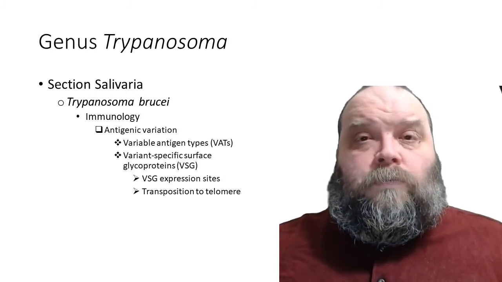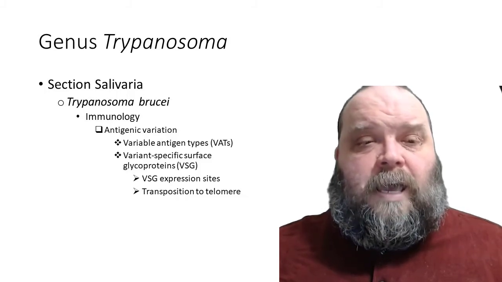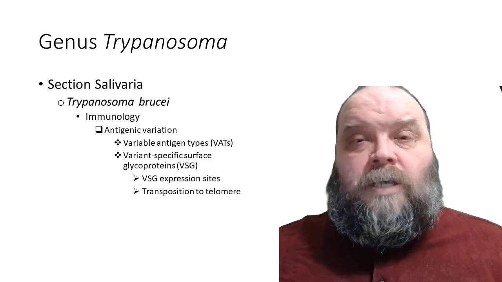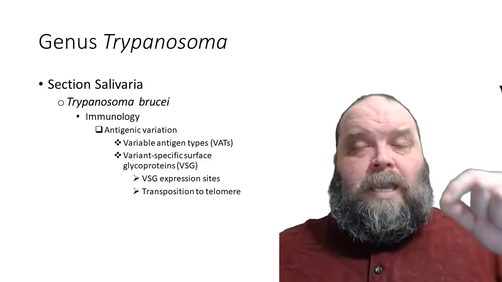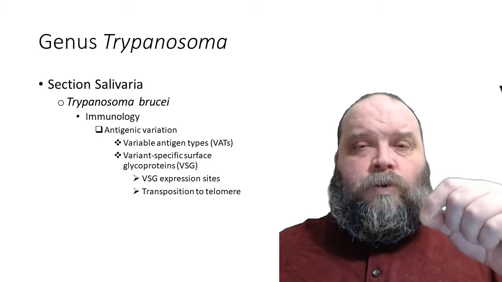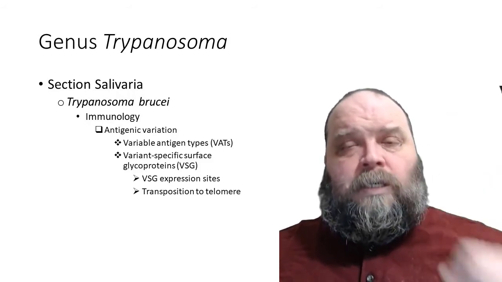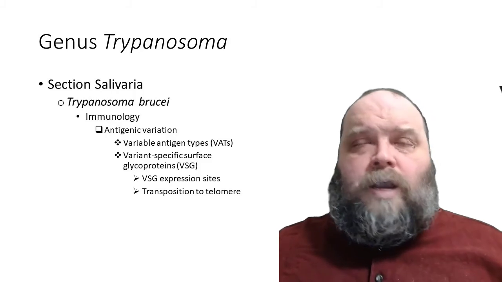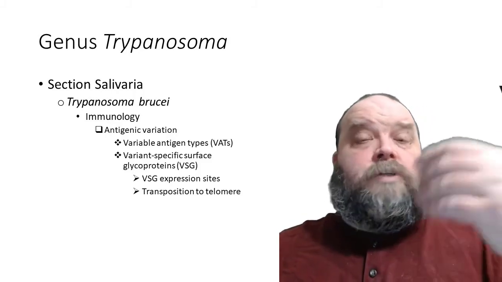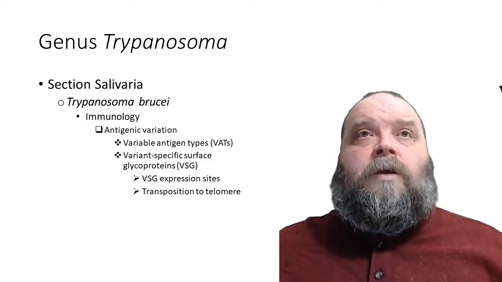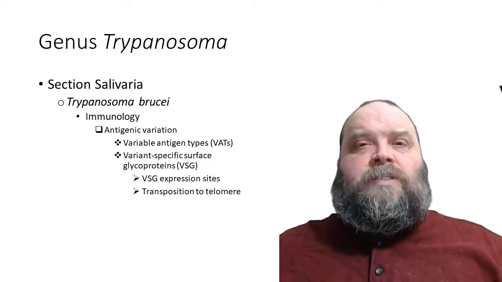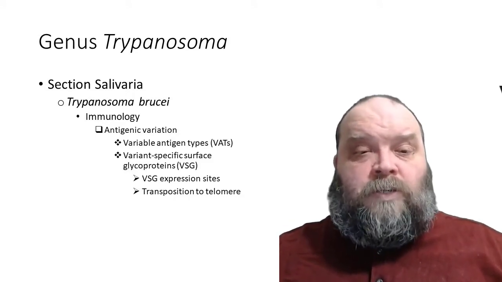So what trypanosomes have evolved to have is what is referred to as variable antigen types. The antigens, the proteins on the surface of the trypanosome that were injected into the person, are not going to be the same antigens a few days, a few weeks, a few months later, while that patient is still showing signs of trypanosoma infection.